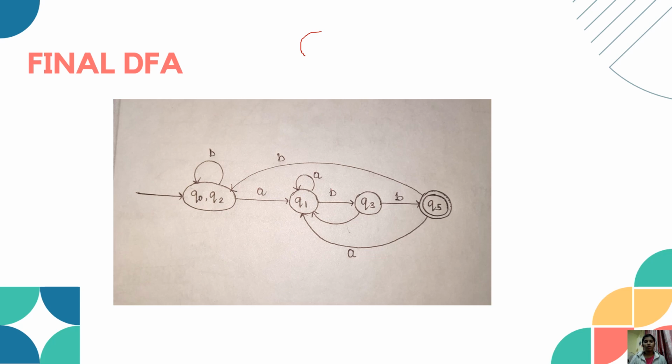From the input, Q2 and Q0 both have B going to itself, a self loop, and A going to Q1, and Q1 has a self loop on A and B going to Q3, and this has Q4, that is the final state, which is going B to Q2 and A to Q1. So you can see this final state.